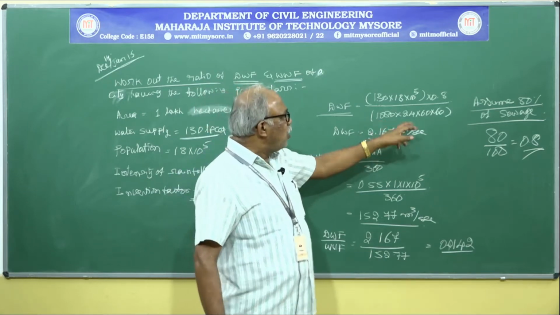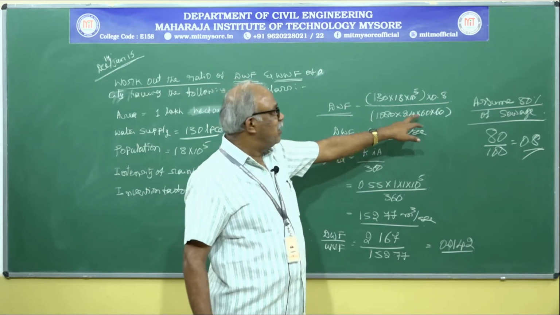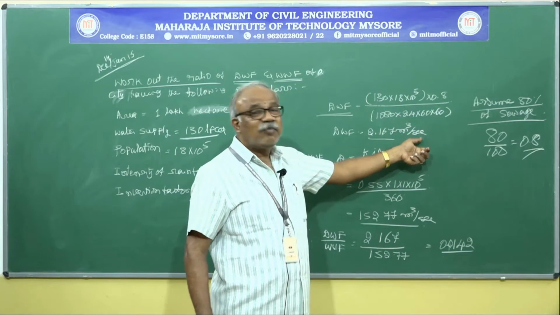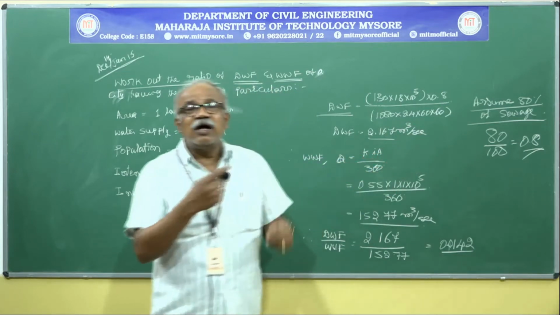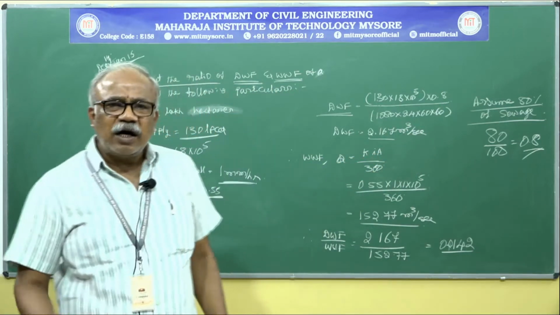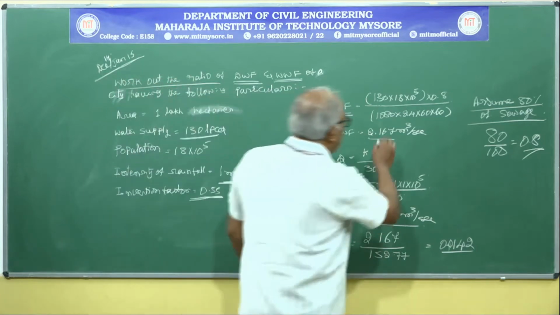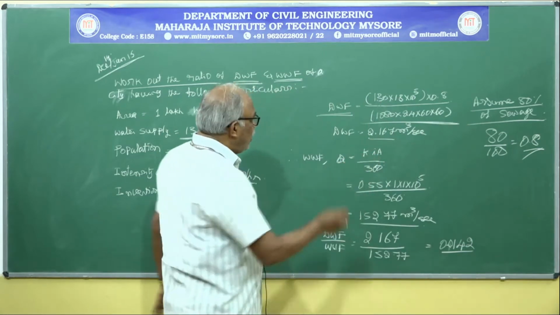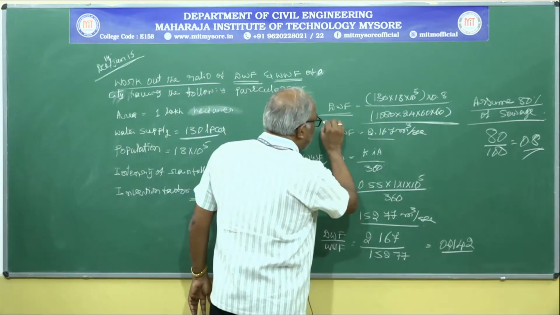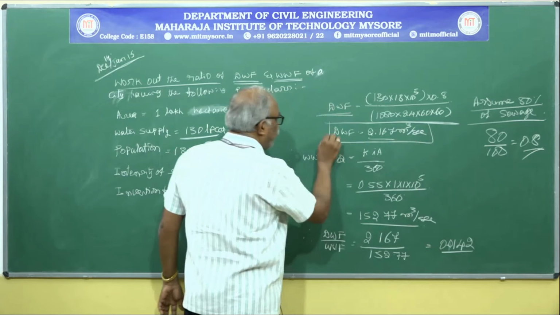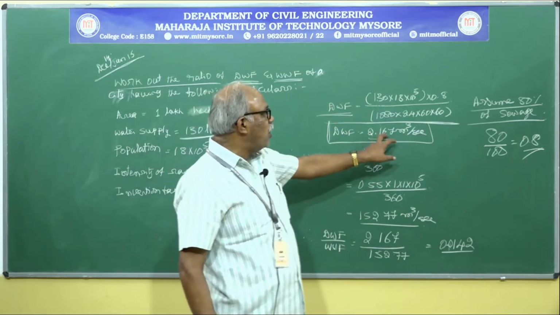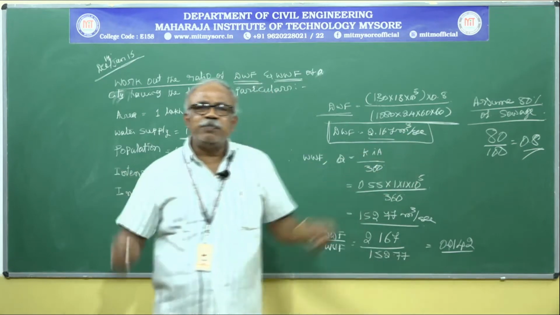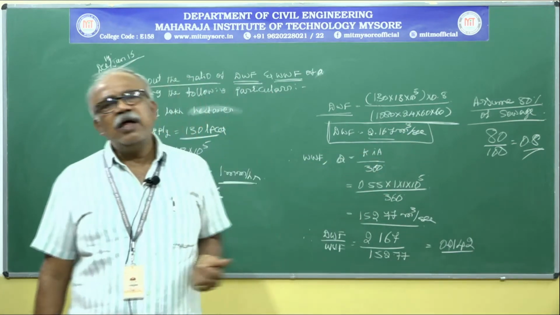Then 24 hours, 60 minutes, 60 seconds, so finally I can get the result in terms of seconds. According to the given data, I entered all these values and calculated. Finally, I get the dry weather flow as 2.167 meter cube per second. Yes, one step is over.